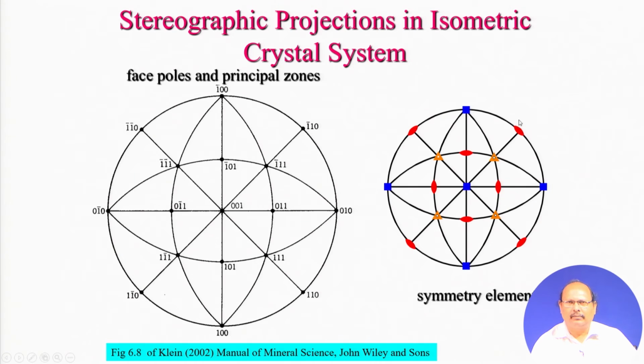This is 1, this is 2, this is 3, this is 4, this is 5 and this is 6 here. And these are the 4 triads, this is 1, 2, 3, 4. And you have 4 3-fold axes of symmetry, one of this orientation, this is horizontal, another of this orientation, this is horizontal, and the vertical will be plotted at the center of this circle here.